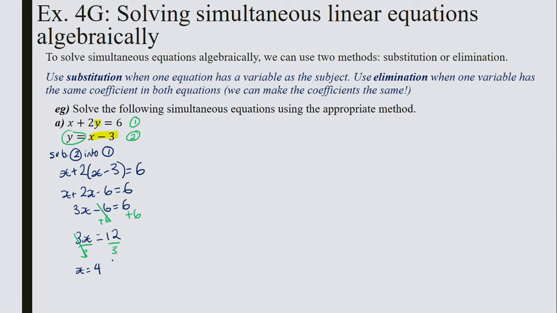I also need to find what y is. So now I'm going to come up here, using equation 2, because it's already in terms of y: y equals x take 3, where x we know equals 4. Okay, so I'm going to substitute in the solution I've just found because it is all part of the same solution.